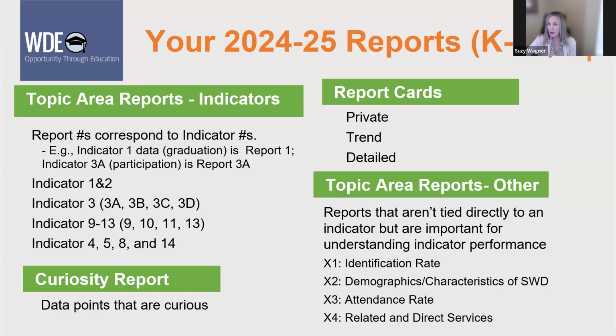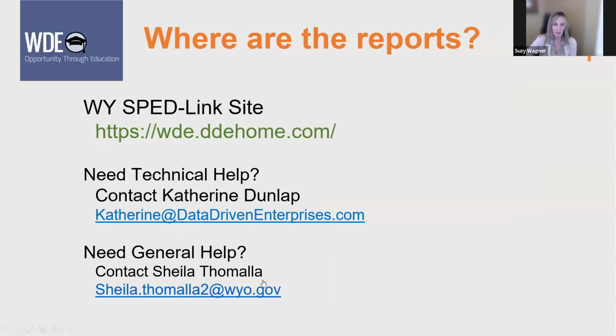It lists speech language kids who are getting a related service of speech language. So things that are just puzzling that we want to point out that you might want to follow up on. And then we have these other topic area reports that relate to indicator performance, such as attendance rates, related and direct services, identification, and demographics.